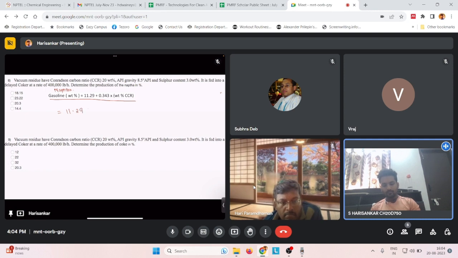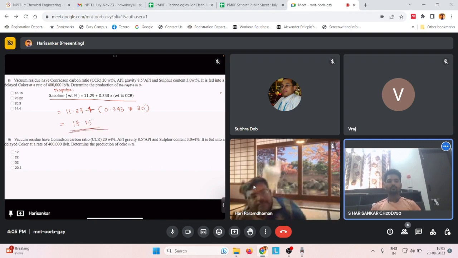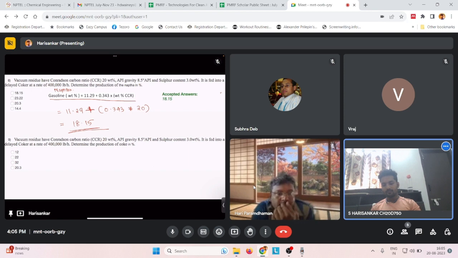So naphtha percent is basically 11.29 plus 0.343 times the weight percentage of CCR, which is 20. That should give us an answer of about 18.15. So the right answer here is option A, 18.15.